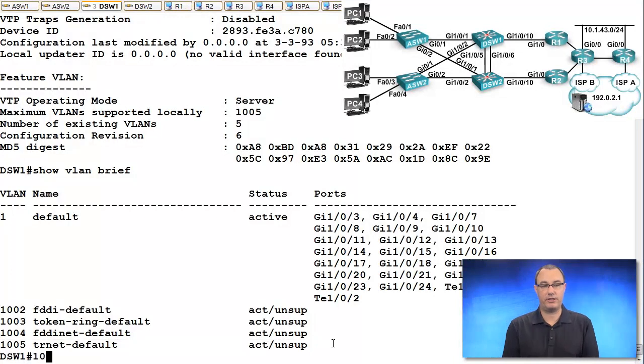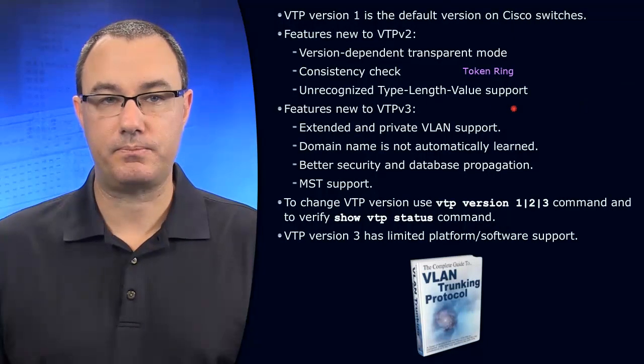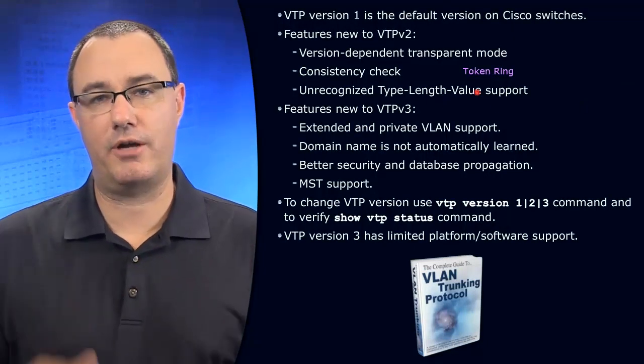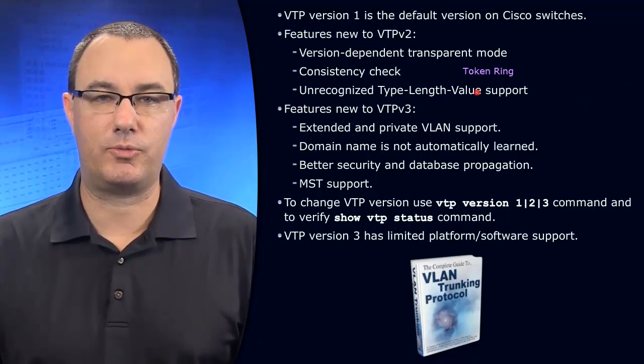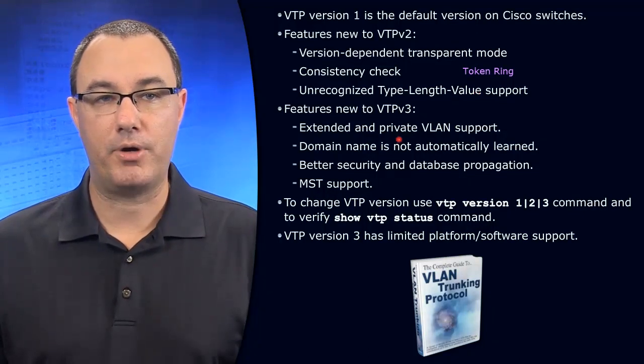So technically it's 1006 through 4094. Those are your extended VLANs. So you can't propagate changes regarding those extended VLANs unless you have version 3. Now that's a lot of VLANs, and oftentimes you don't need to get into that space. But what's more impactful is private VLAN support.